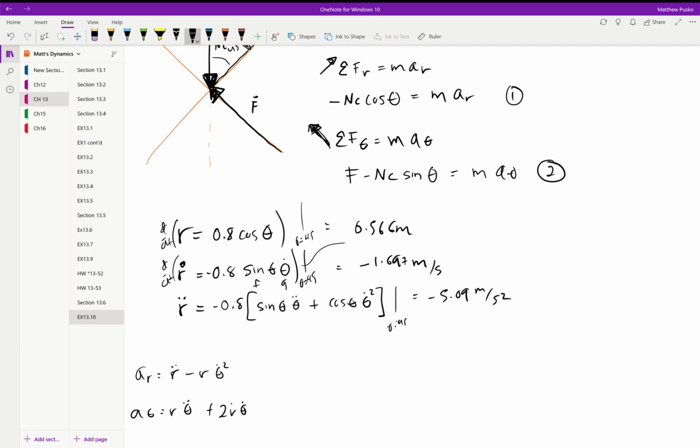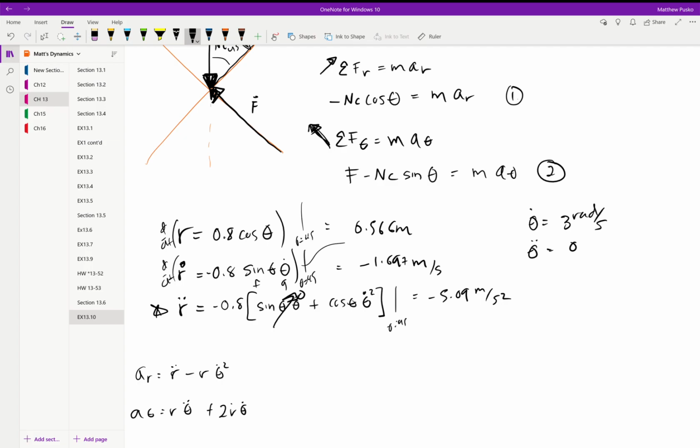Notice we had theta dot given to us as 3 radians per second. If I take a time derivative of a constant, my theta double dot becomes 0. So this term, we didn't need to know theta double dot. We were able to calculate r double dot just by knowing theta dot in this case.